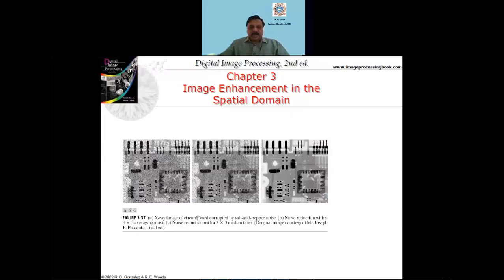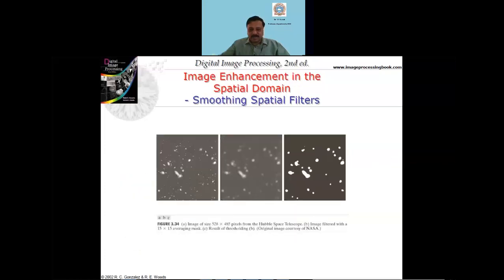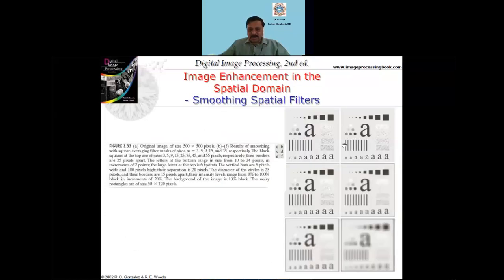Okay, so let us move on. The previous category of filters are called smoothing filters, because they are low pass filters. They are trying to smoothen the edges, and in the effort to smoothen the edges, they have also smoothened noise. I hope you remember this example. So this is a noisy area.